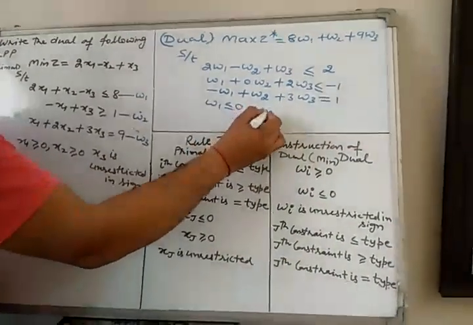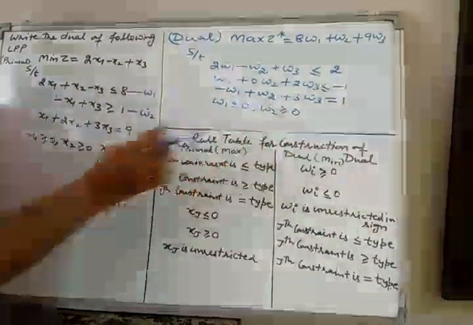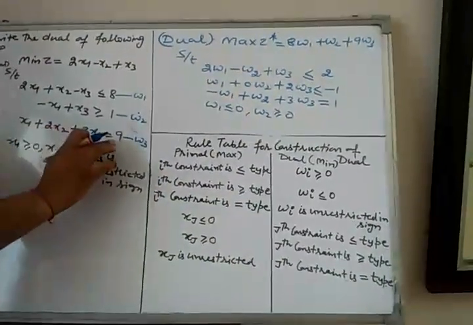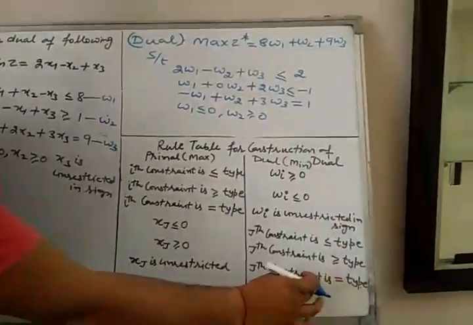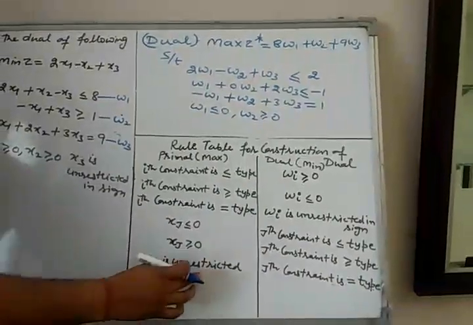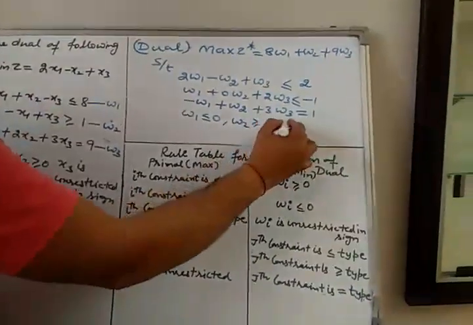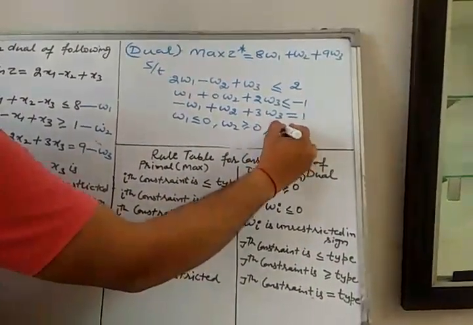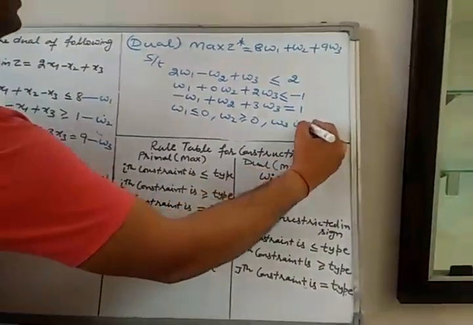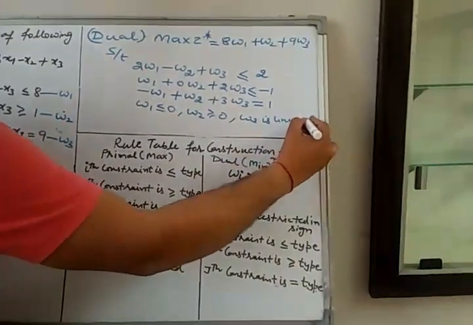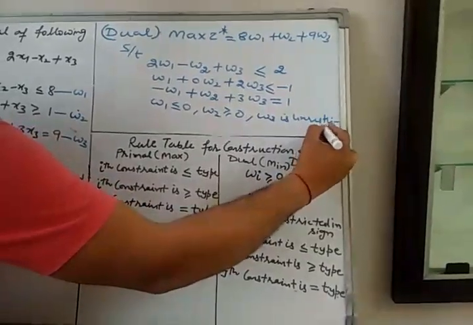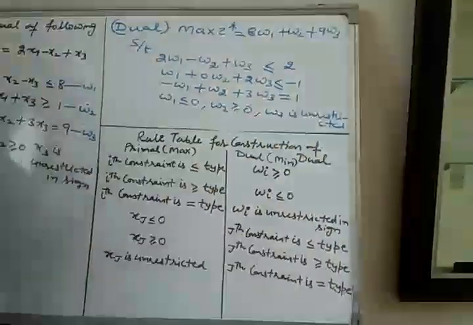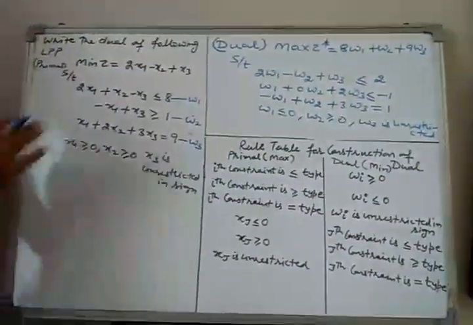Therefore, W2 is greater than equal to 0. The third constraint is of equality type. If a constraint is of equality type, then the variable is unrestricted. Therefore, W3 is unrestricted. This is the dual of this primal problem.